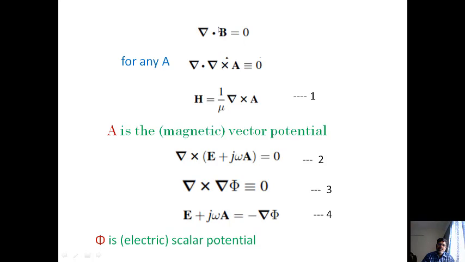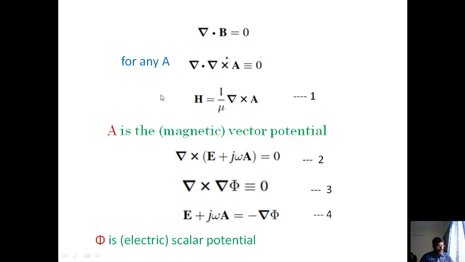By comparison of these two equations, we can write del cross A equals B, and we know that B equals mu H. Therefore, H equals 1 over mu del cross A, where A is the magnetic vector potential.